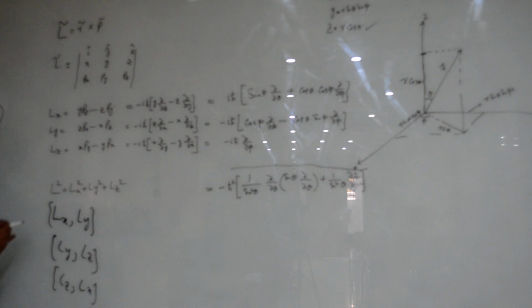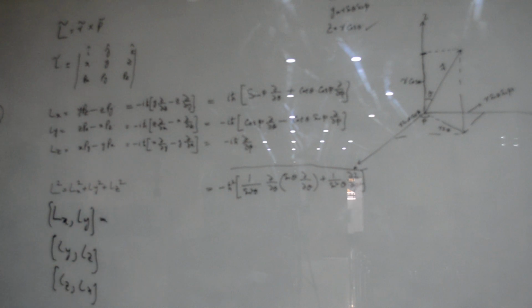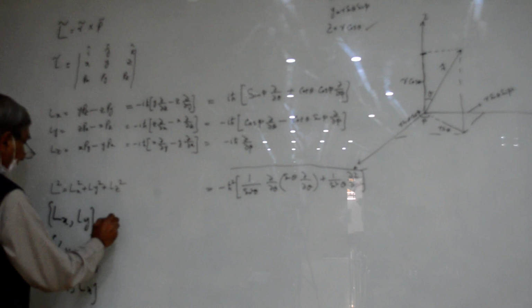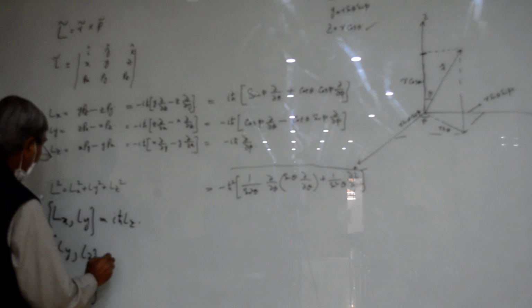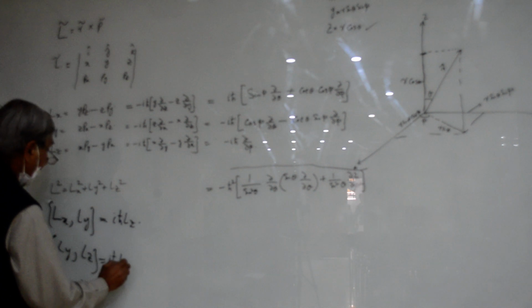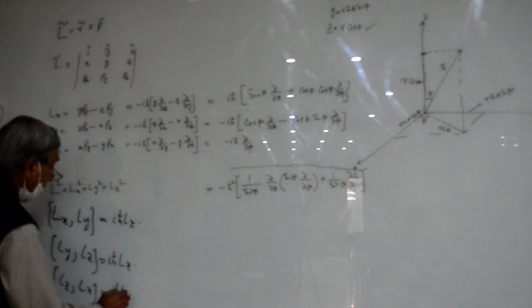Again, look at the cyclic order: x to y, y to z, z to x. Cyclic order is there, and therefore the commutators are equal to i h bar Lz, i h bar Lx, and i h bar Ly.